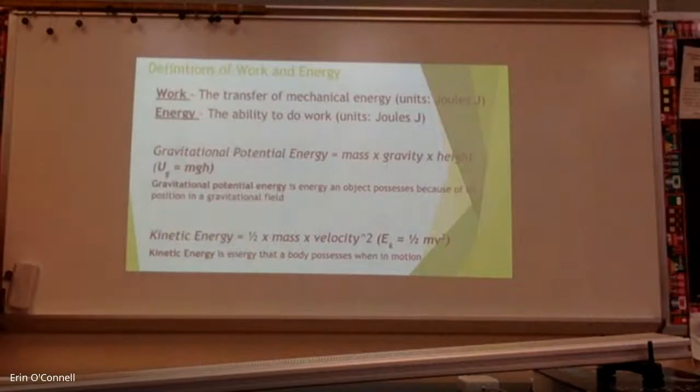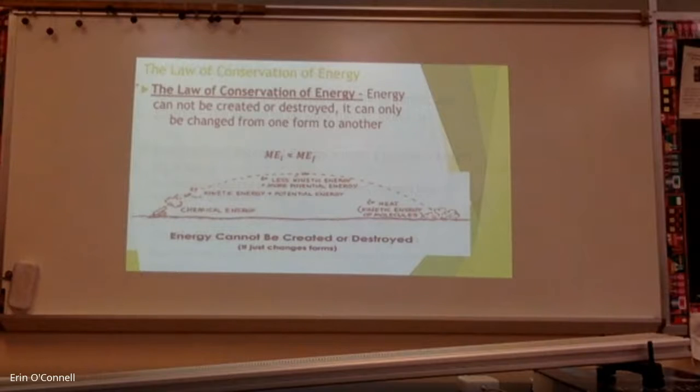Energy can never be created or destroyed, right? It just changes types. It transfers from type to type. The law of conservation of energy states that energy cannot be created or destroyed. It only changes from one form to another.